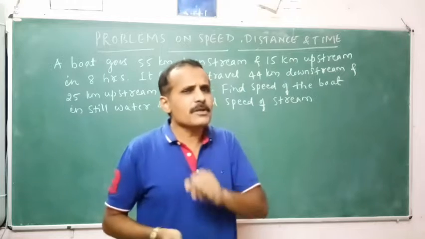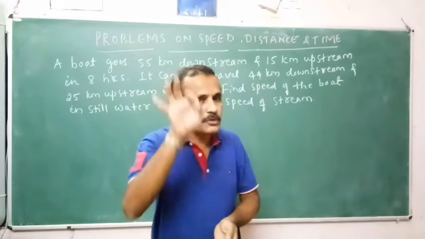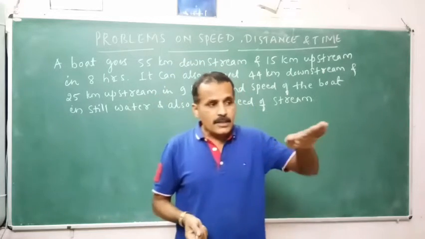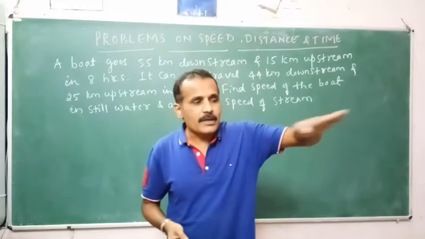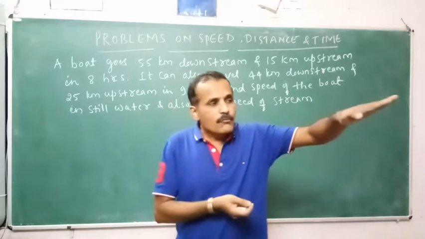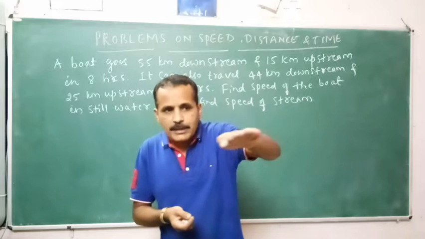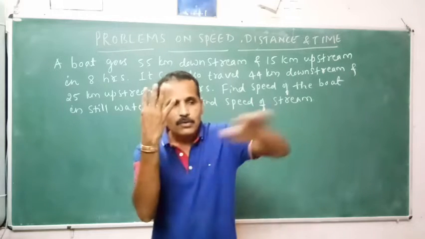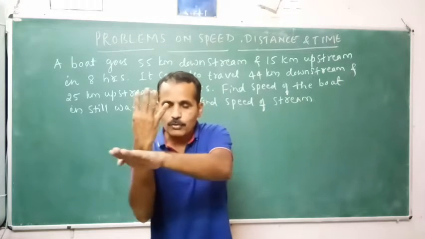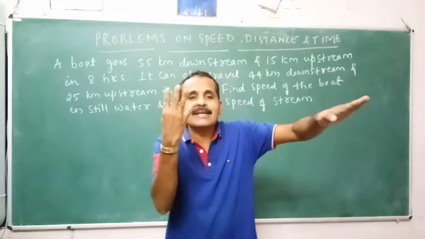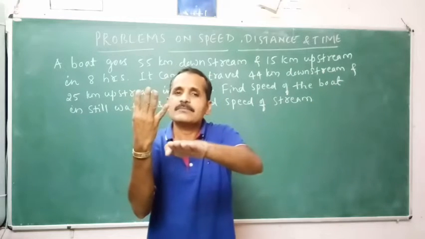But what makes the difference? Now come to the difference of those two. Taking the example of the swimmer again, water is flowing with a speed of 4 km and the swimmer's speed is say 3 km.